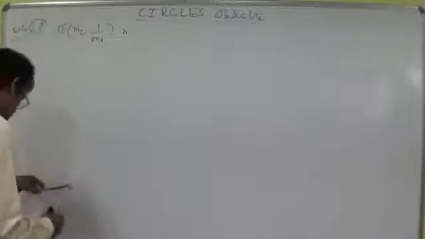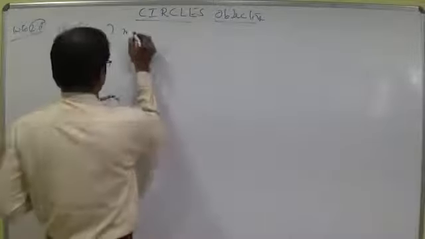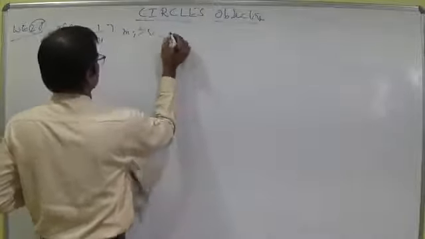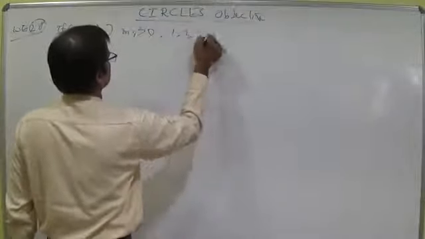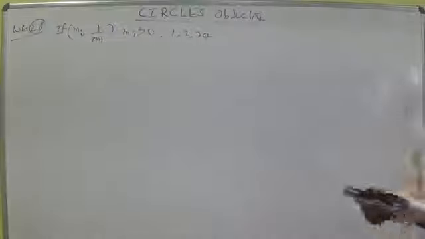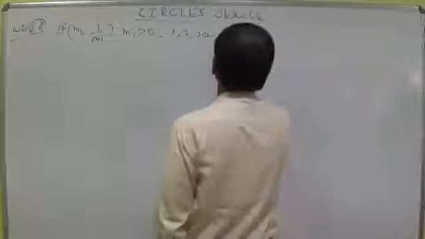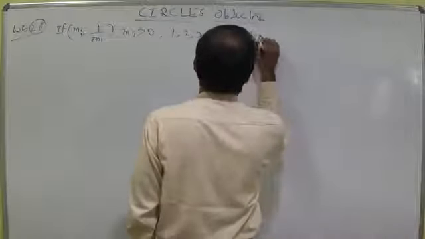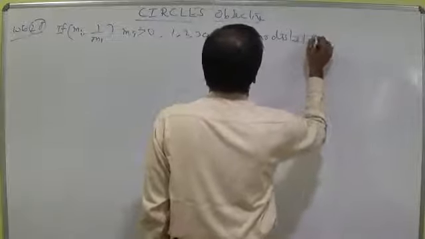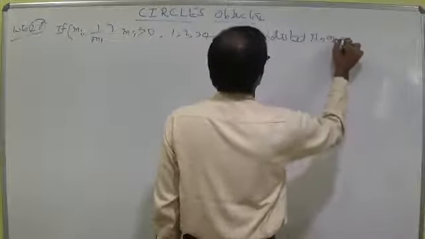If (mi, 1/mi) is given with mi greater than 0, that is for i = 1, 2, 3, 4, then for 4 points, mi given 1, 2, 3, 4 are 4 distinct points on the circle.